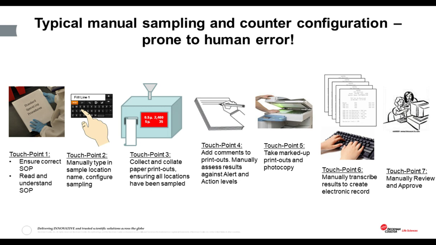And then they have to follow the sampling map in the SOP and go to every sample location. Then they have to manually type the location name into the counter via the on-screen keyboard. And next they have to configure the counter to sample for the correct amount of time, the correct volume, and the number of samples according to their own SOP for each location.